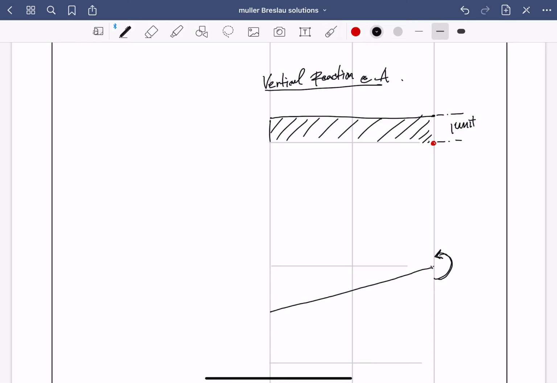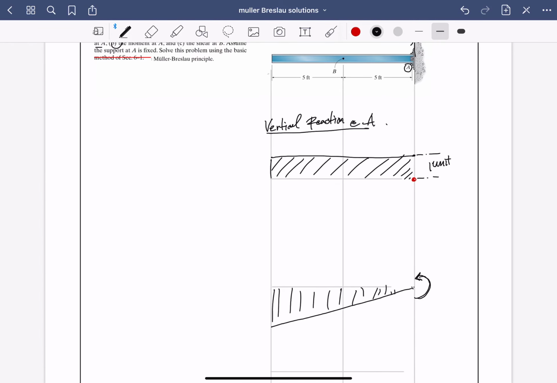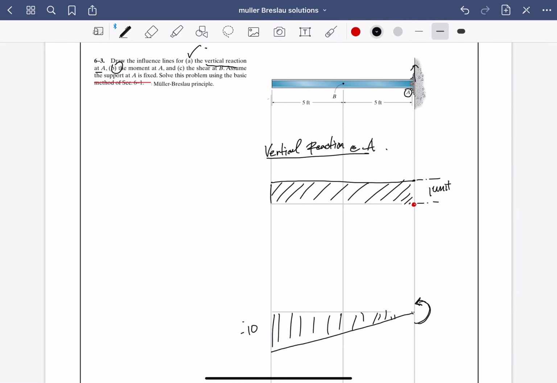And so essentially it's rotated that way. And because the dimension's 10 feet, this is going to be 10 times or 10 theta at that point, and it's going to be negative. Okay? And moment at A.